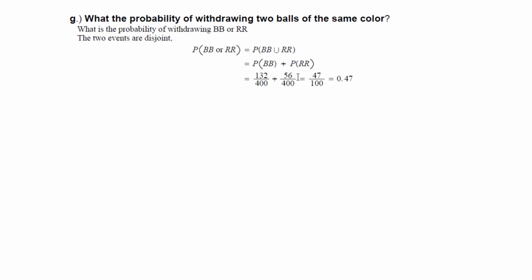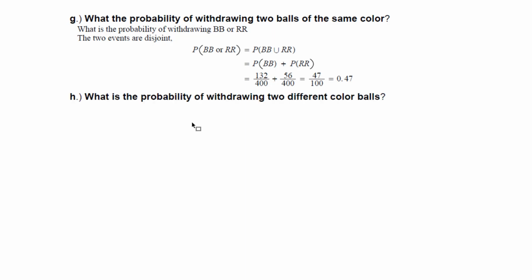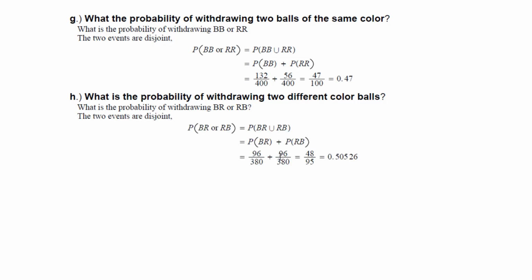So we just substitute and we get 0.47. Now the other complex event: what is the probability of withdrawing 2 different color balls? We either withdraw blue-red or red-blue. So we add their probabilities together and we get 0.5.